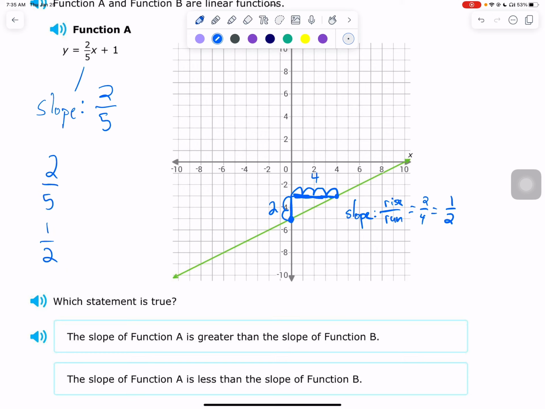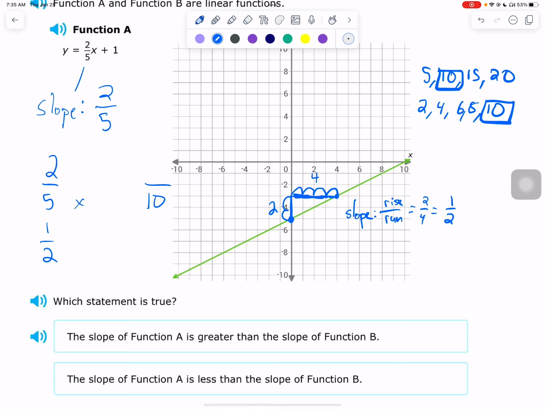So let's list out the multiples of their denominators. We have 5, 10, 15, 20, and 2, 4, 6, 8, 10. There we go, right there. 10 is going to be my common denominator, right? So if I want to end up getting 2 to 10, I have to multiply by 5, okay?